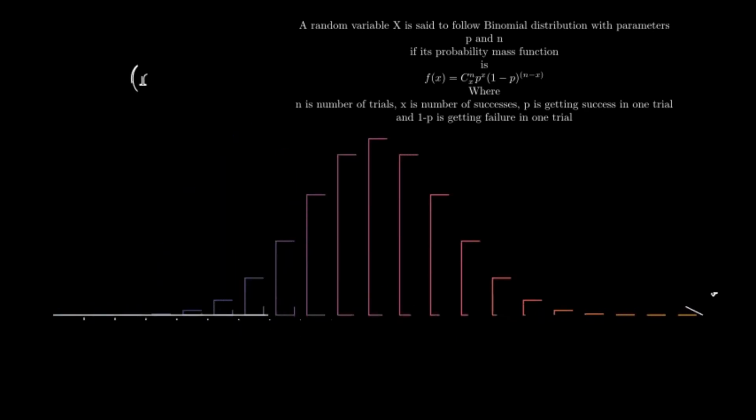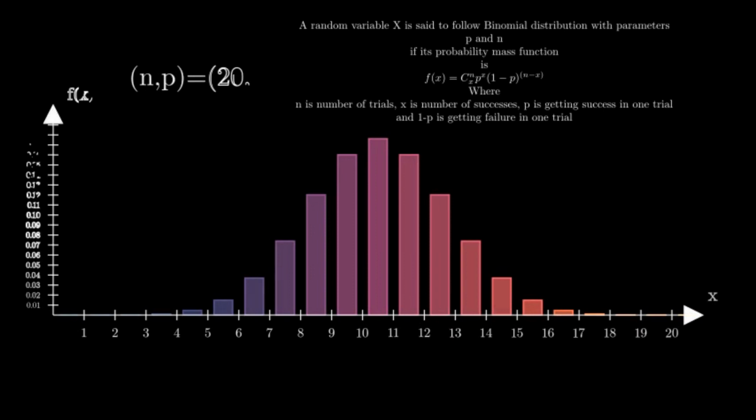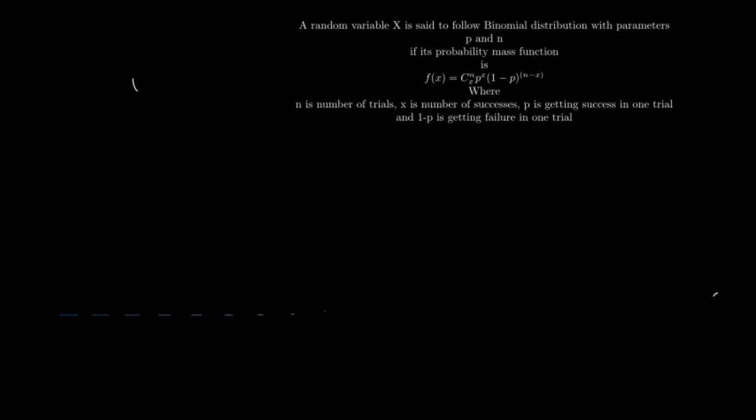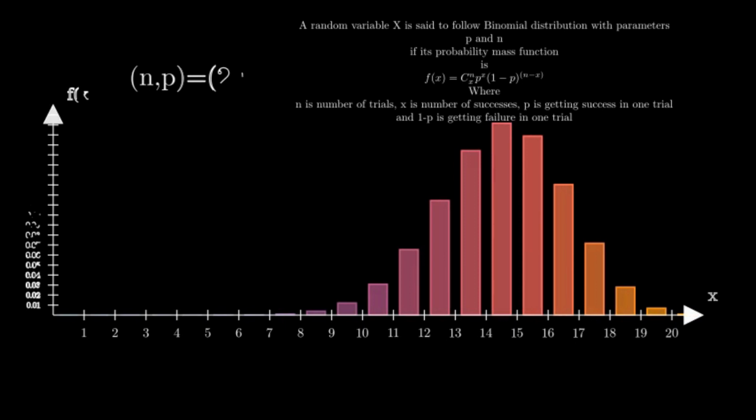Now again, if the value of p is 0.5 and again the number of trials is 20, you will get this type of graph. Again, I have taken a probability of more than 0.50, and you will see this type of graph.